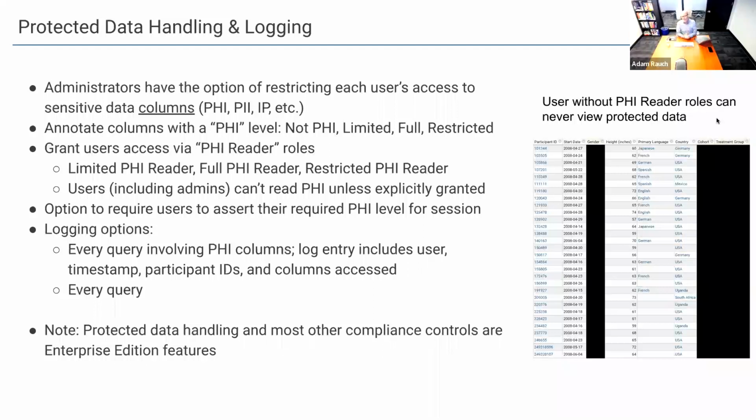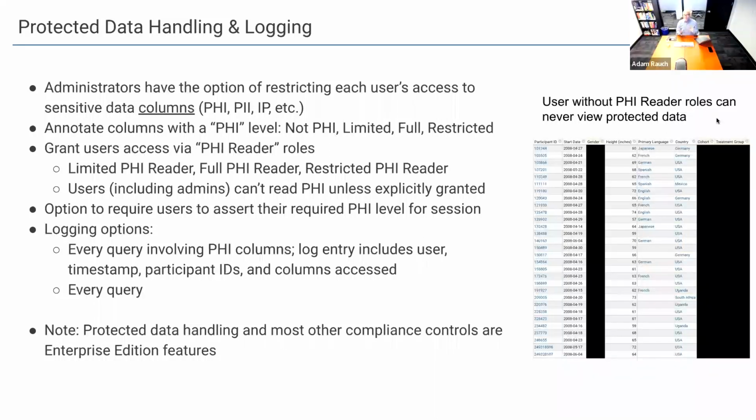We're seeing a grid example here, but if you export the data, if you use an API, if you use a report, any query on top of this, no matter how you attempt to access this data, those columns will always be empty.